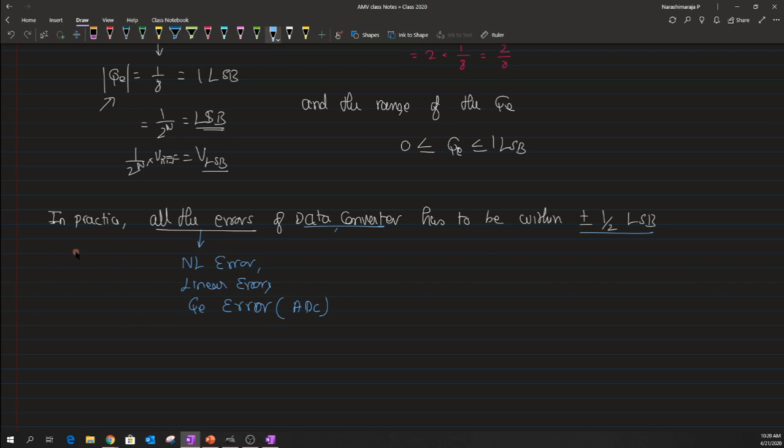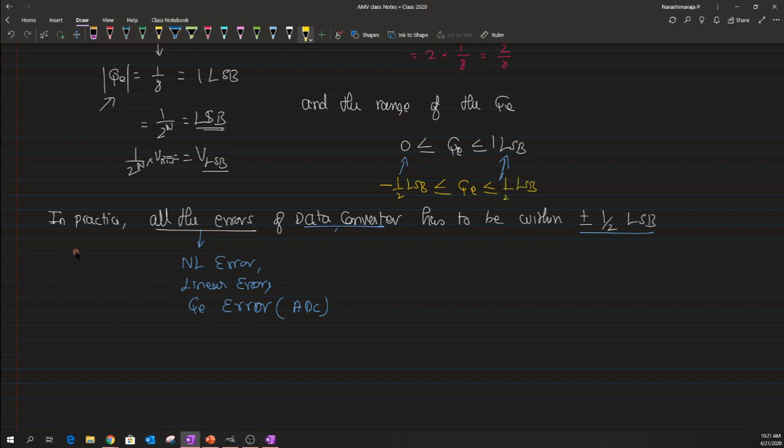But when you look here, you can see that this quantization error is actually not falling between plus or minus half LSB, but rather it falls between a value of 0 and plus 1 LSB. So we somehow have to offset this quantization error such that it falls between minus half LSB to plus half LSB.